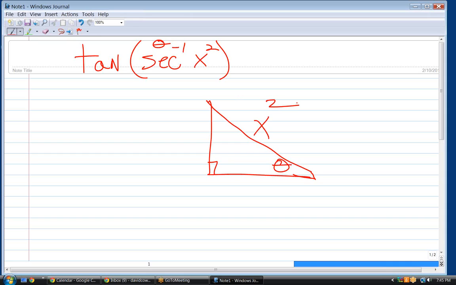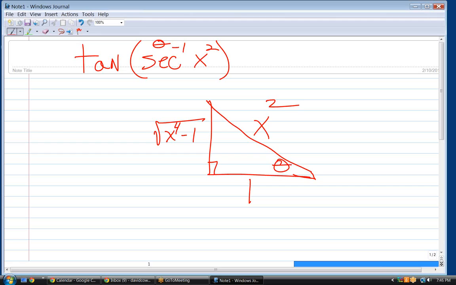And which side is 1? Adjacent. Making this side the root of x squared minus 1. Right? Yeah. Okay.